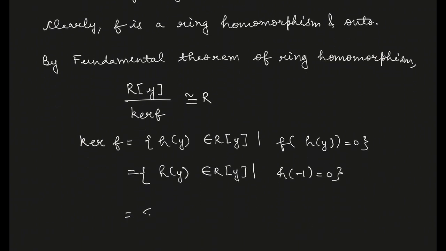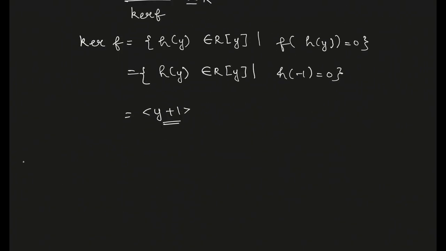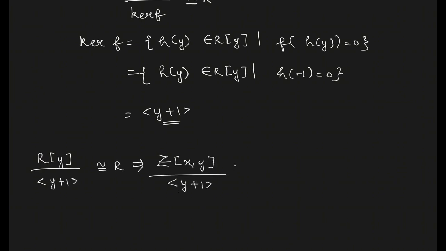So this will be the ideal (y+1). So R[y] upon ideal (y+1) is isomorphic to R, which implies Z[x][y] upon ideal (y+1) is isomorphic to R, and ring R was this Z[x].